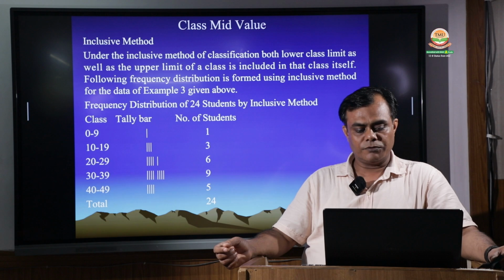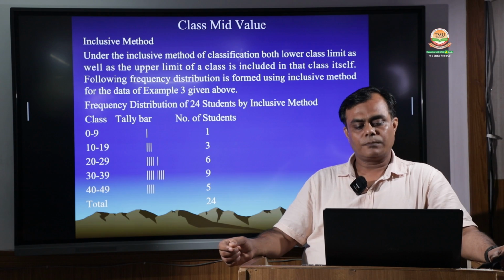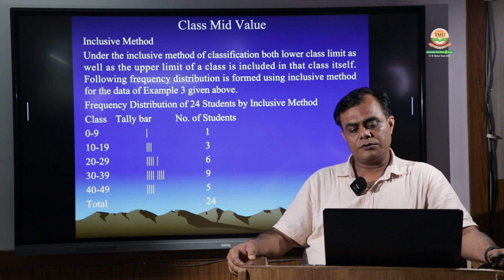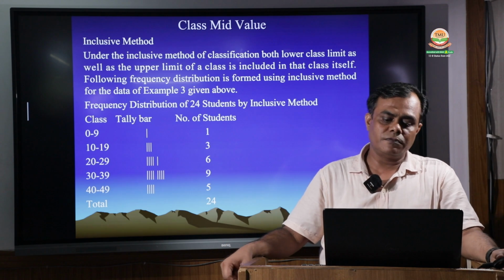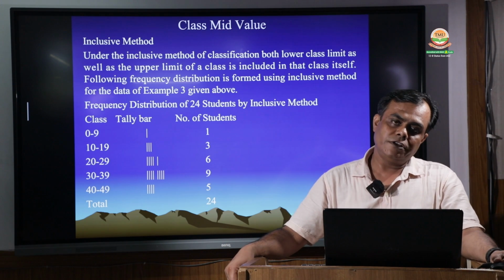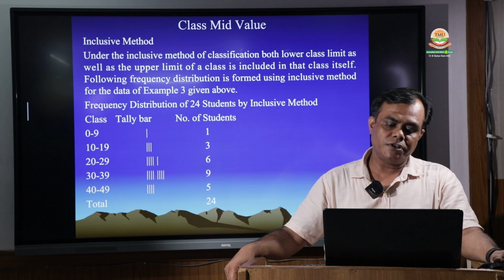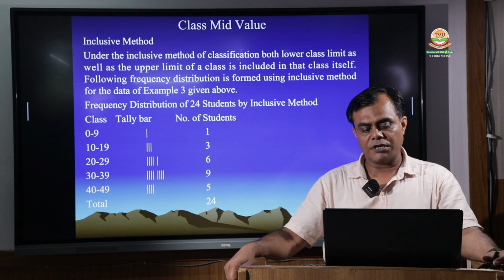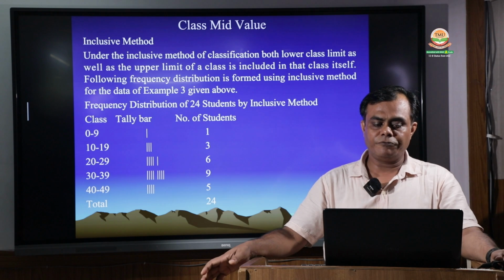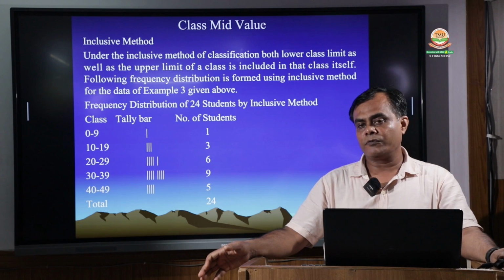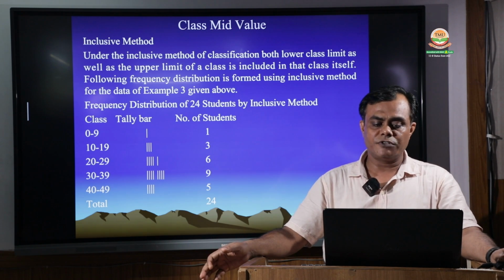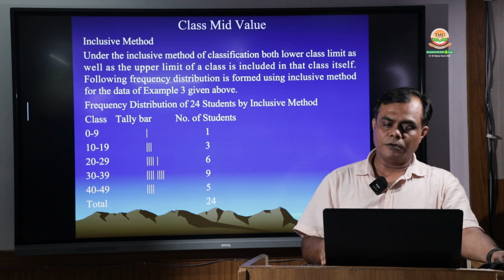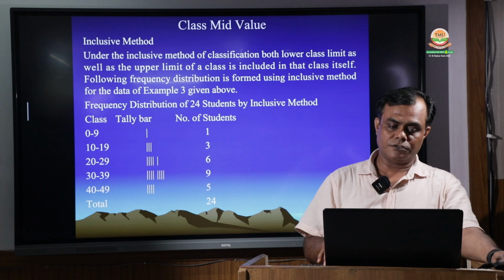A tally bar is given for the first class interval 0 to 9 as 1, 10 to 19 as 3, 20 to 29 as 6, 30 to 39 as 9, and 40 to 49 as 5. So, the different class intervals with different frequencies are given in this slide, for the inclusive method of mid value calculations.